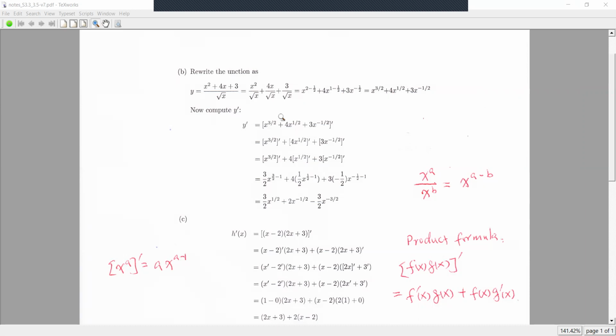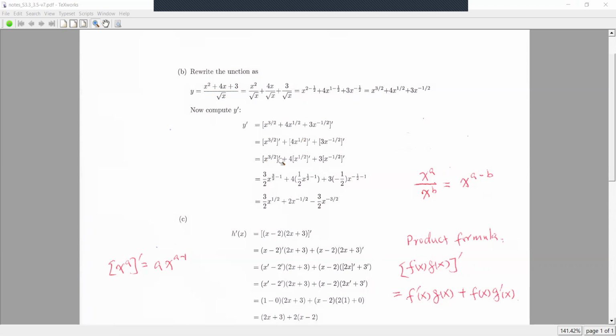Take derivative on this function. By summation formula, this derivative is a sum of these three derivatives. Move the constant 4 outside this derivative and the constant 3 outside this derivative. Then we have this equation.